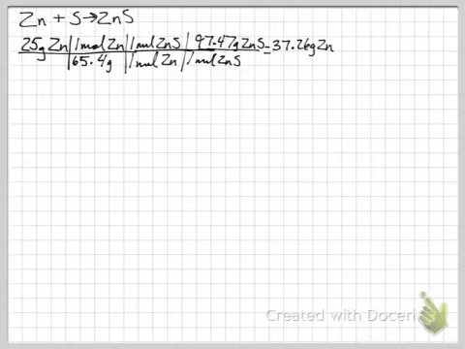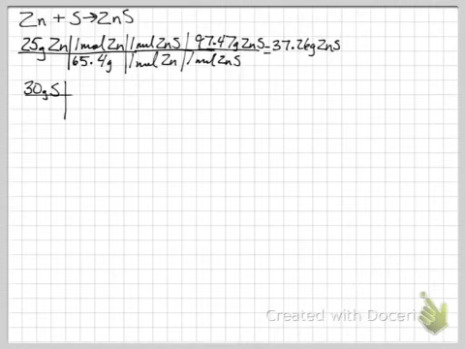This is going to give us an answer of 37.26 grams of zinc sulfide. Now that we have the basic idea, I'm actually going to speed through this next part because we should be able to follow it. If you'd like, pause this portion and do the calculations, and use my going through it as a way to check and see if you've done it correctly. Now, for the second part, I have to start off with my sulfur.